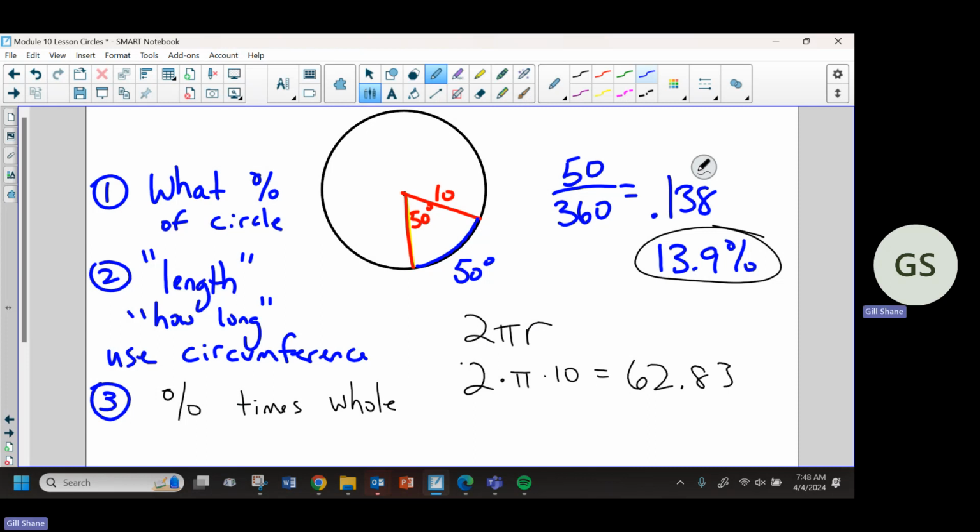So if that's the whole circumference, I only want 13.9% of that, because that's how much of the whole circle that blue line is. So I just say 13.9% times 62.83. So 8.73-ish. So that length right there is 8.73 units long, whatever the unit would be, meters, centimeters, inches, millimeters, whatever.